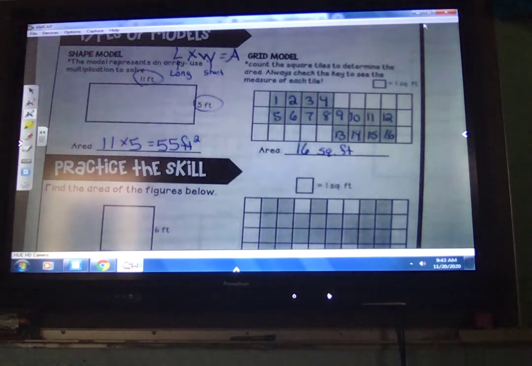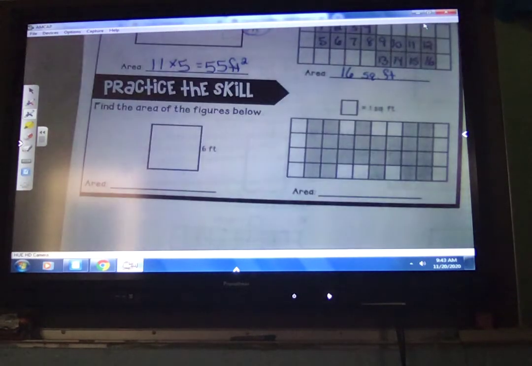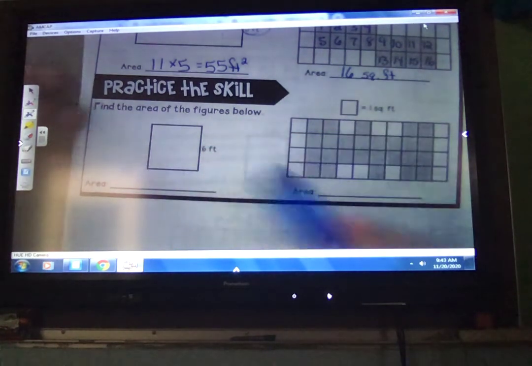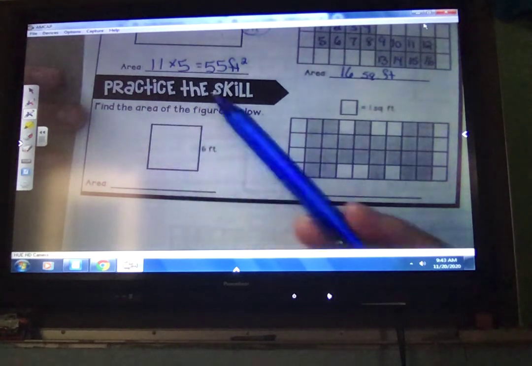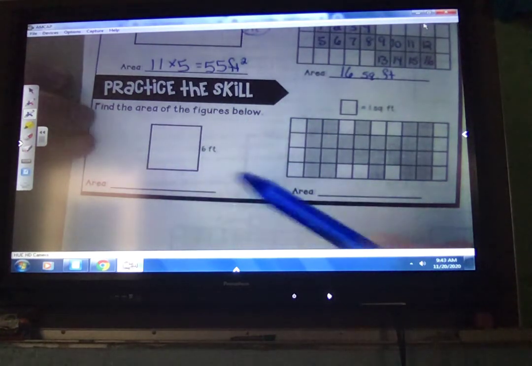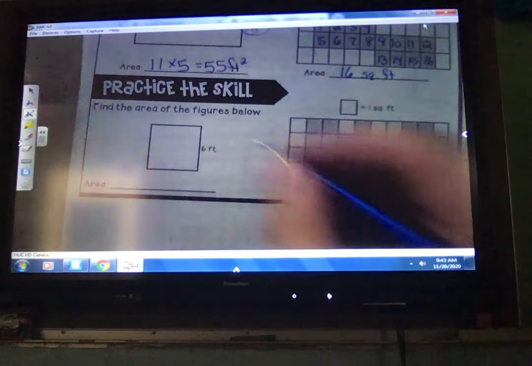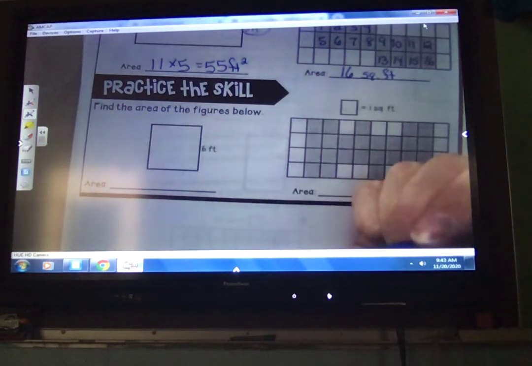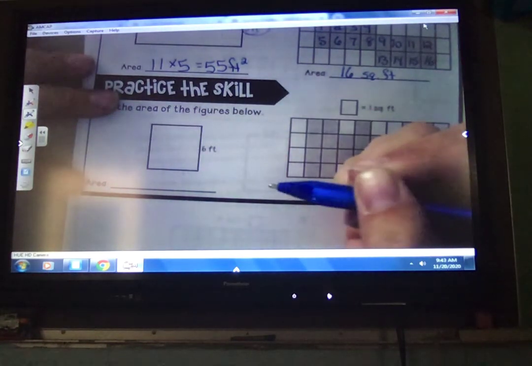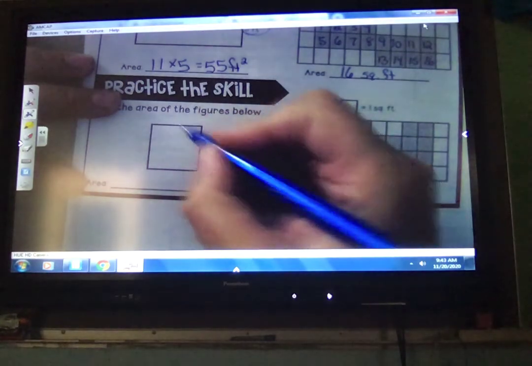Okay, let's do some more practice on area. Area, length times width. To get the area, you have to multiply. One length times your width. Okay, well, what about a square? A square, every side's the same, right? But we've got to have length and width. So we don't really have a long side because they're the same. So we're just going to need to pick one. So we're going to call this our length up here.